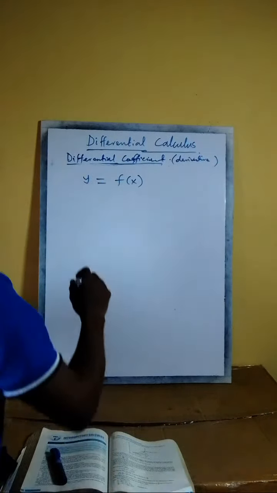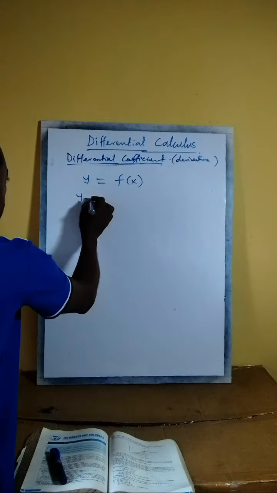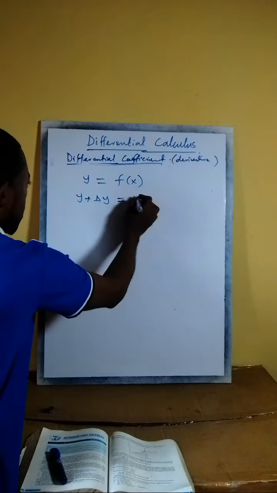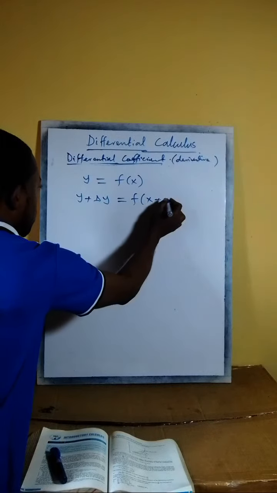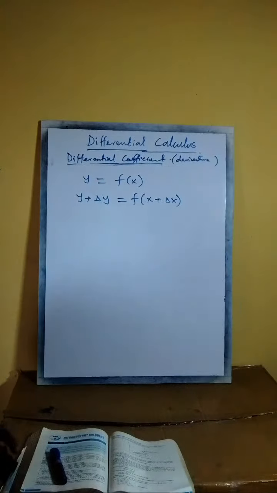On the left hand side, a little increment in y, that's y plus delta y. Then on the right here, we have f of x plus delta x. So we have added the little increment to y and x.